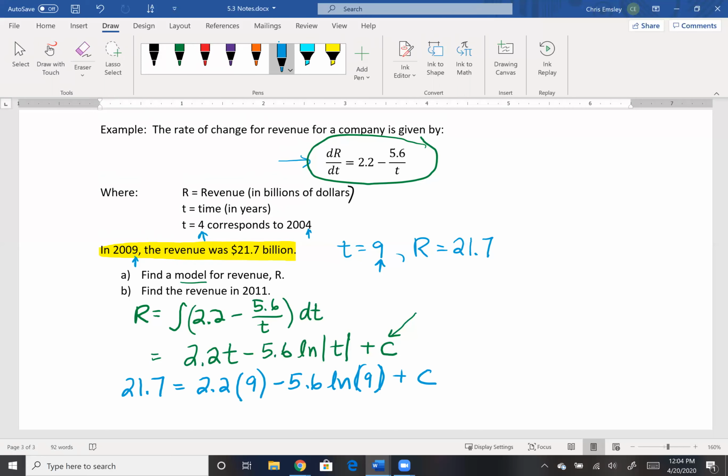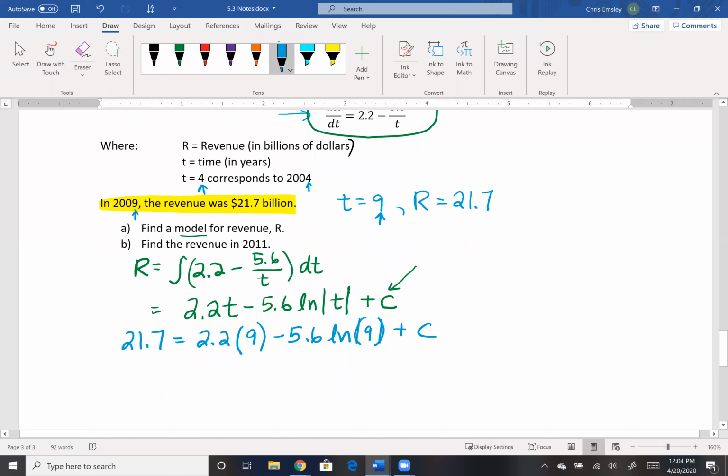Okay, so I want you guys to try this on your calculator. Make sure you can do this. You're going to plug this whole thing into your calculator and then move it to the other side through subtraction to figure out what C is. Go ahead and try that one. I'll give you just a few seconds to try it, and then I'll give you the answer so you can see if you match. Give me that C to 2 decimal places.